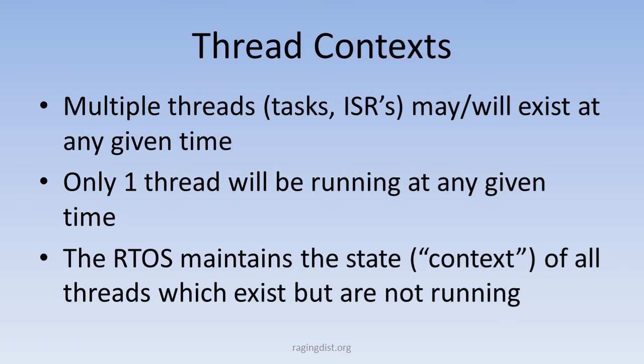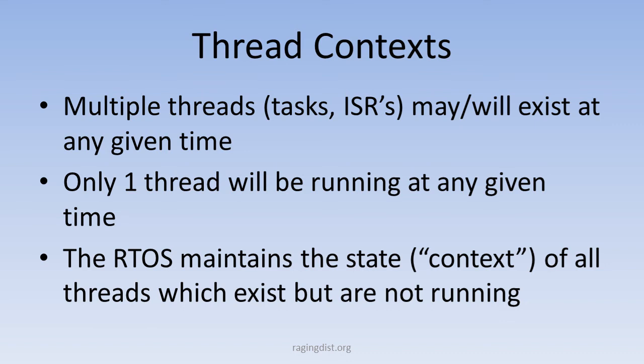The RTOS maintains threads in addition to ISRs, and has to be sure that the state, or the context, of all the threads is preserved when these threads aren't running. It's preserved when you do a context switch, when you switch from thread to thread.